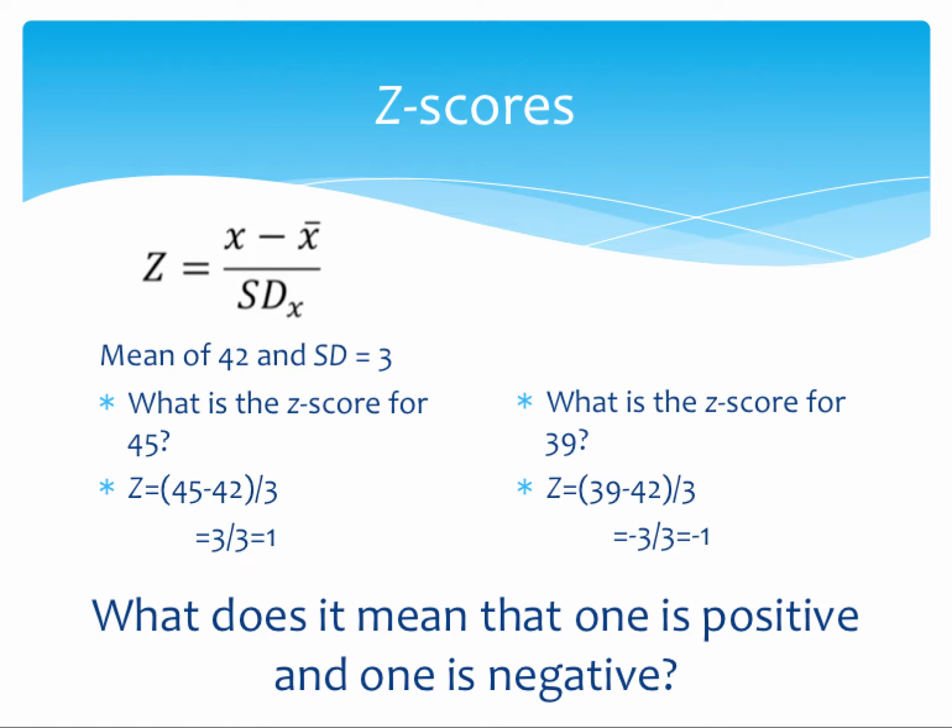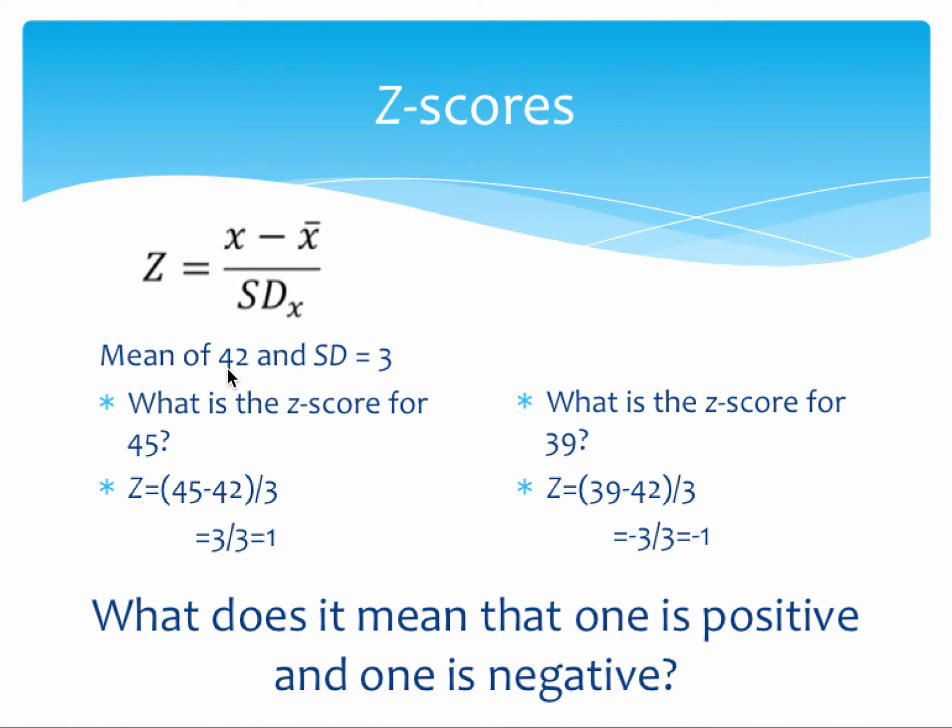So what does it tell us that one has a negative sign and one has a positive sign? Well, over here, think about what this is doing. We are taking a score above the mean and dividing it by the standard deviation, and it's 1. Here it's a score below the mean. So really, all that the negative or positive sign tells you is if your score is above or below the mean.